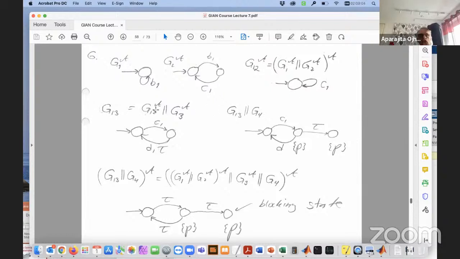Then I can join G12 with an abstraction of G3, and I get this model. I cannot exclude C1 and D because they are also included in G4. When you synchronize G13 and G4, you get this. And now we have the final abstraction where I can also skip C1 and D and replace them with tau.